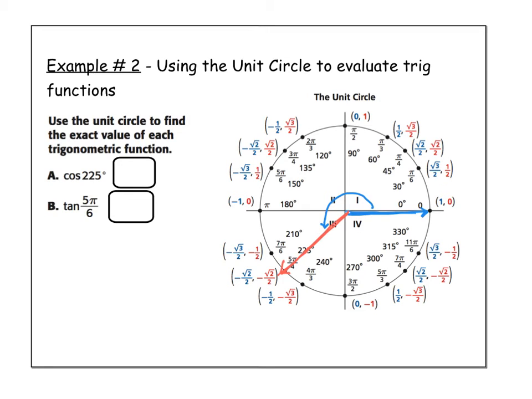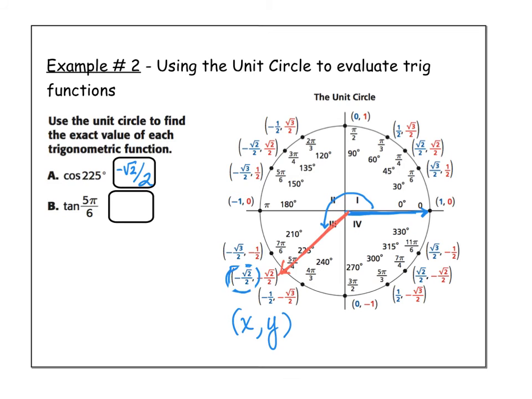Remember, we associate cosine with the x value. And the x value is here. And remember, in an ordered pair, it's always the x value first, y value second. So that's a really easy problem. You just look on the unit circle and you see, okay, cosine is negative square root of 2 over 2. That's the answer to the first one.